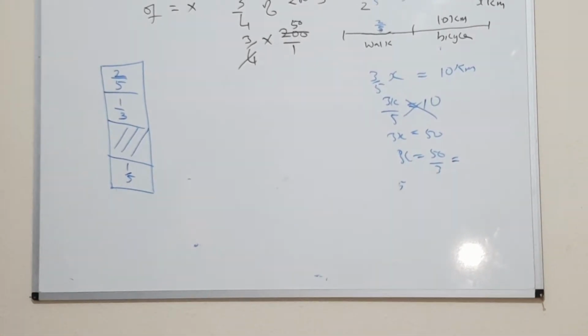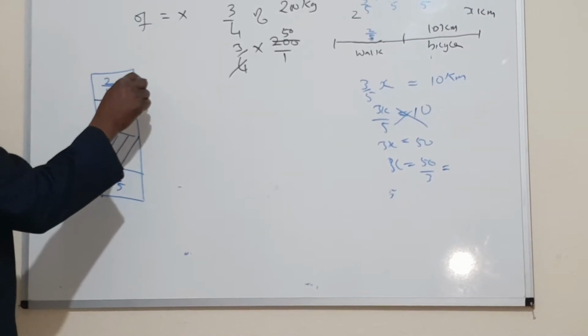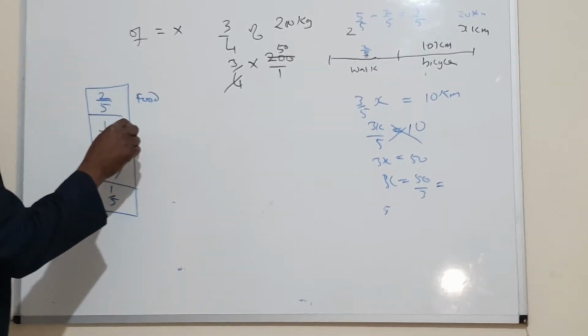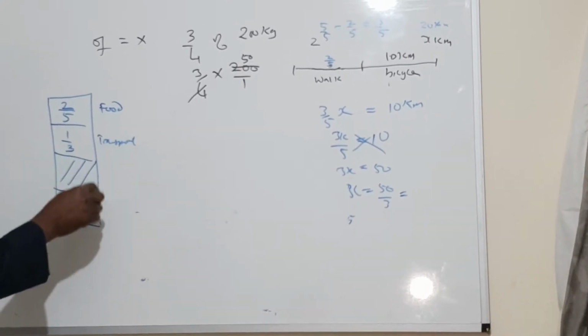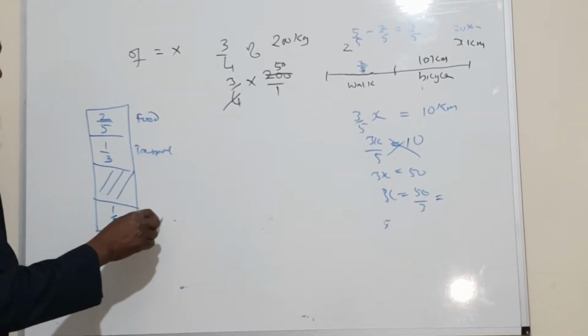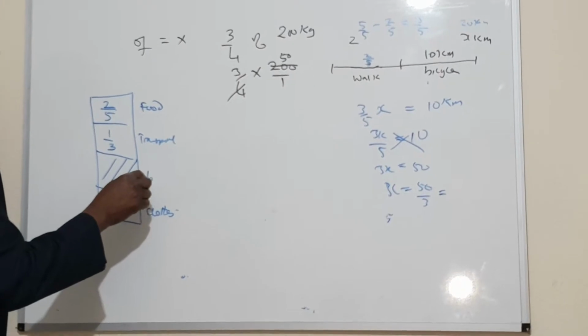So this is what he spent on food, transport, clothes, and books.